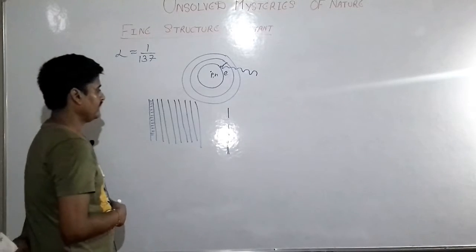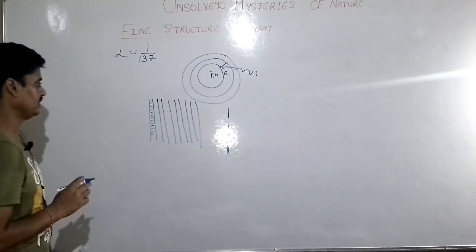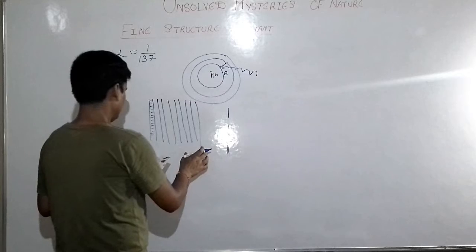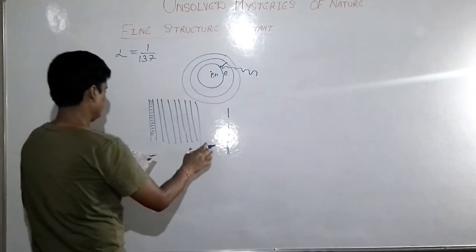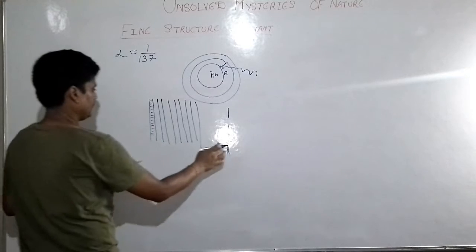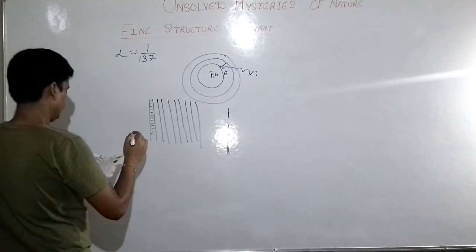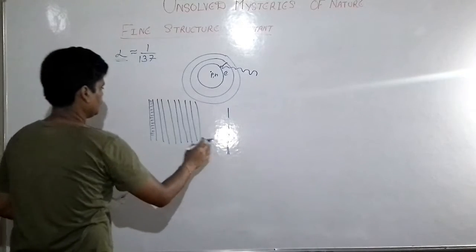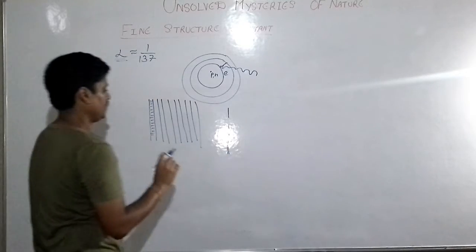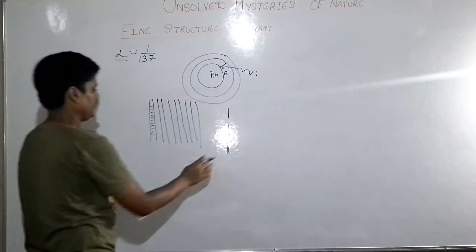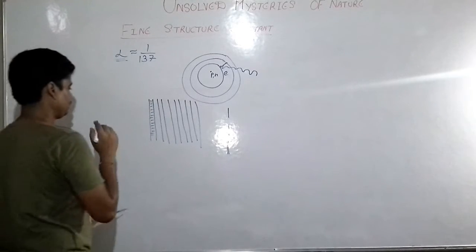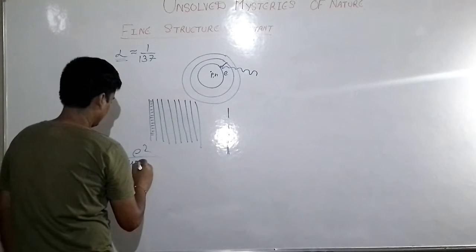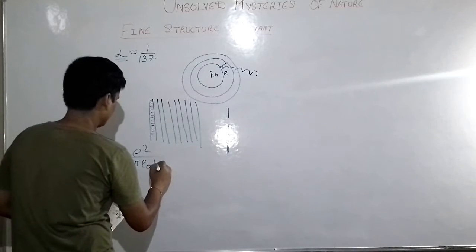One of the strange things about these lines is that the difference between energy levels in the fine lines is always a multiple of one particular number called alpha, a specific number: e squared divided by 4 pi epsilon naught h bar c.